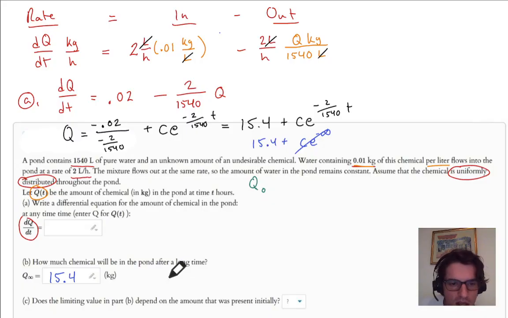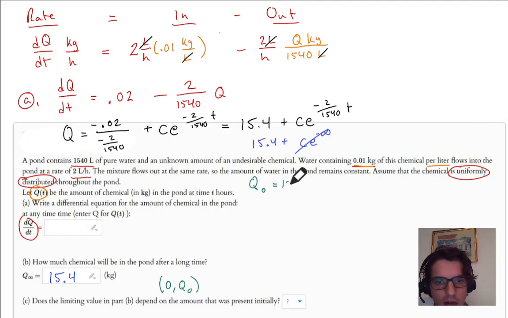Let's say our initial concentration would be at time t equals 0, and that would be Q naught. I'll just show you what I mean by that. 15.4 plus c e to the negative 2 over 1540 times 0. At time t equals 0, that's an initial concentration.